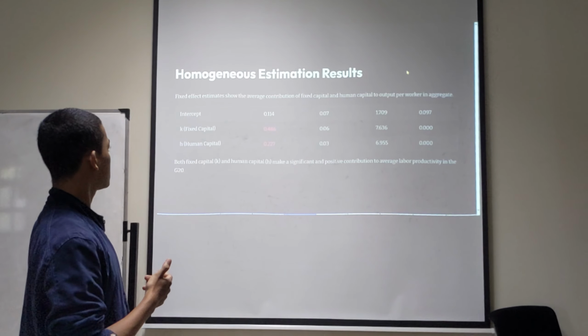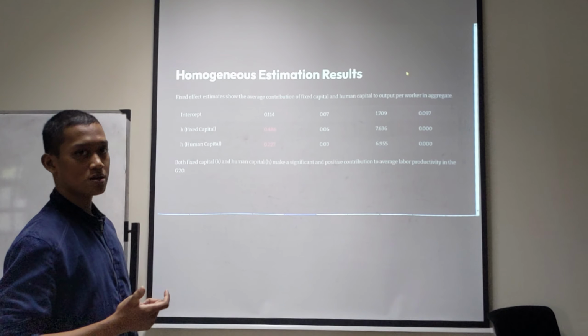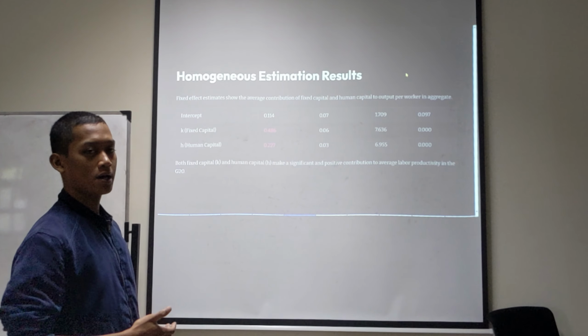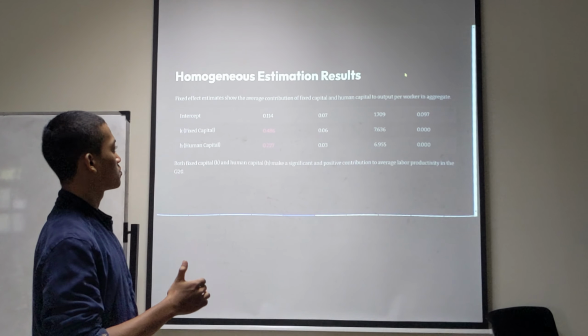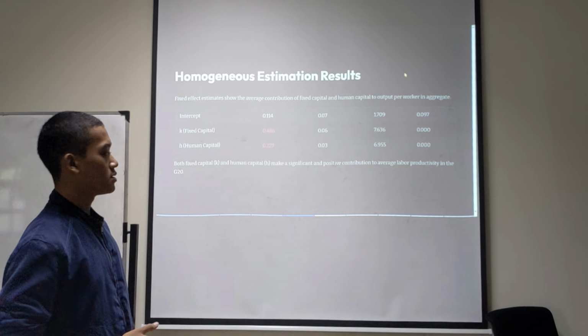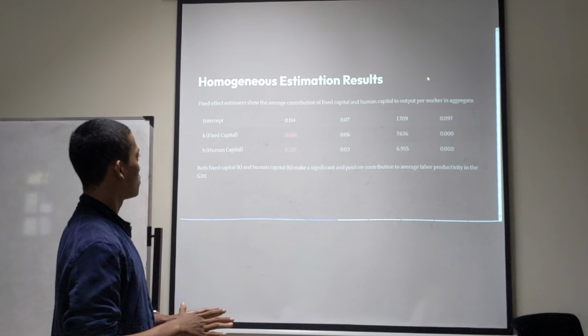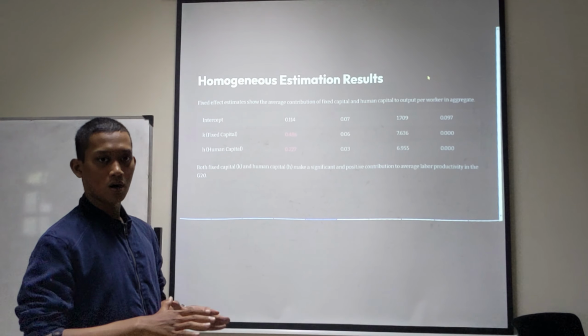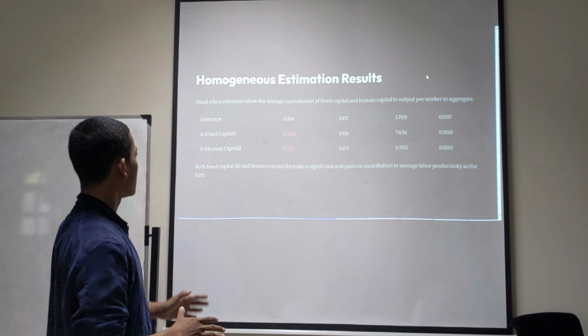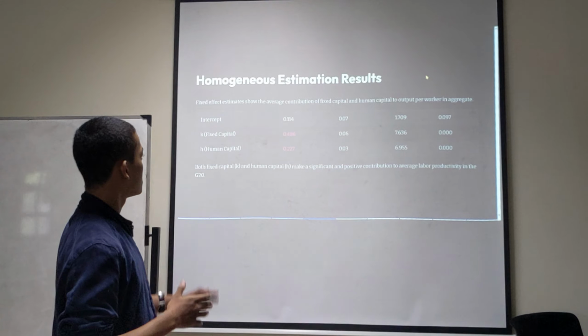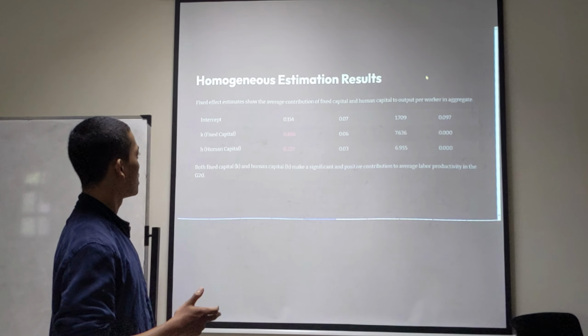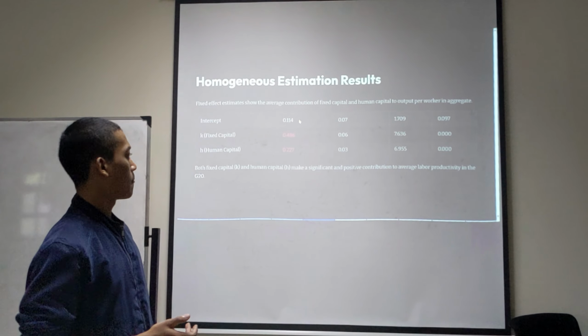The fixed effect estimates show the average contribution of fixed capital and human capital to output per worker in aggregate. For the baseline, where we assume that all the countries are the same, the intercept is about 0.114.